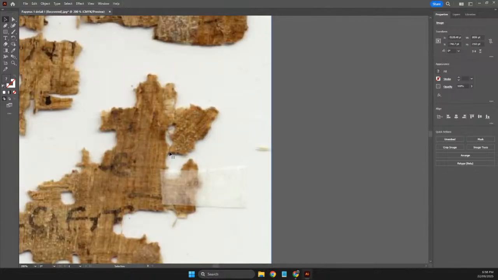Interesting. Looks like a bit of a move there. What name have they got there?